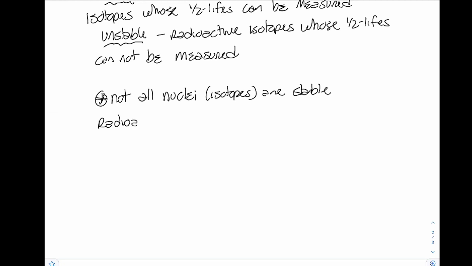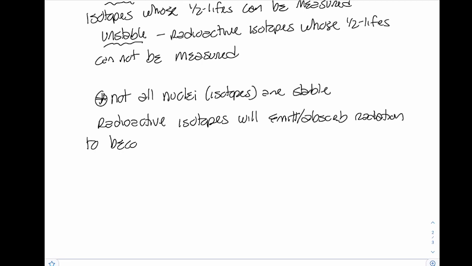Radioactive isotopes, or nuclei, you could swap out either word here, will emit or absorb radiation to become more stable.